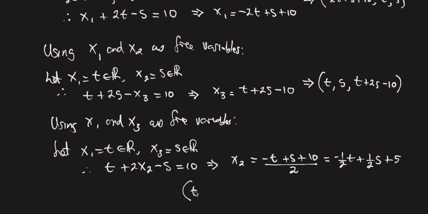So t in the first position, and in the second position I have to put this expression, negative 1/2 t plus 1/2 s plus 5, and then in the third position I put my other free variable s. And this ordered triple again is consistent with the other ones.